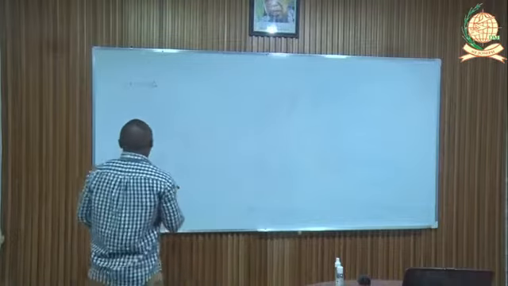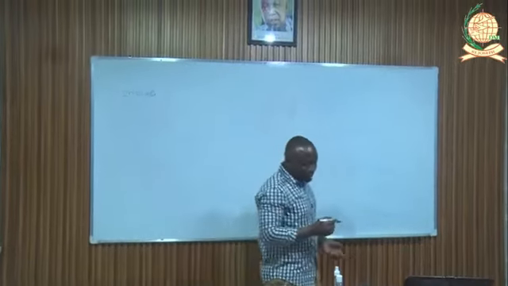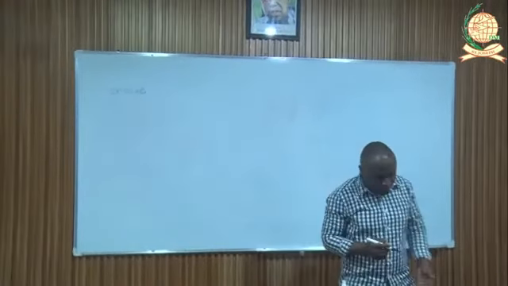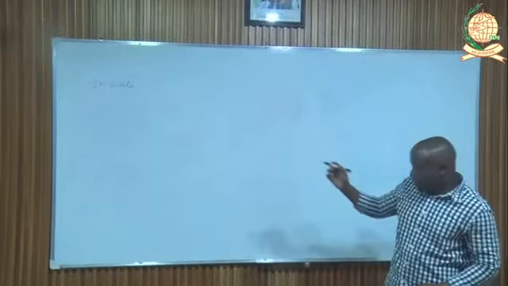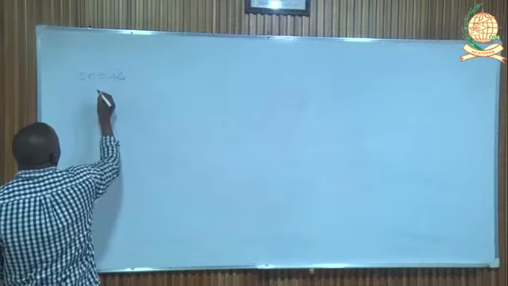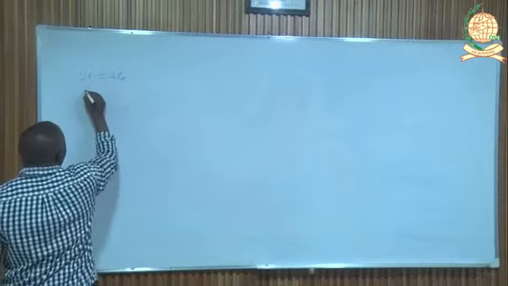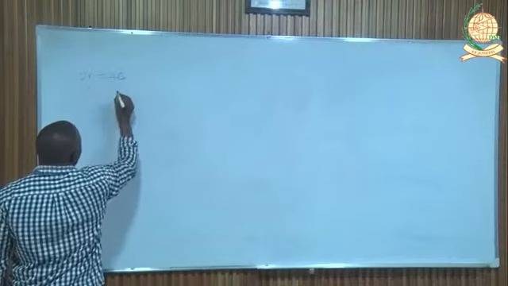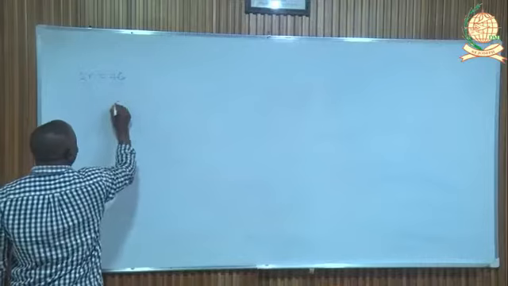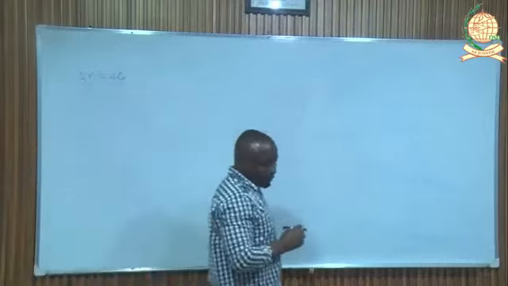So if you are told to calculate the number of chromosomes in different cells from there, because you know 2n is equal to 46, we divide both sides by 2, then n is equal to 23.